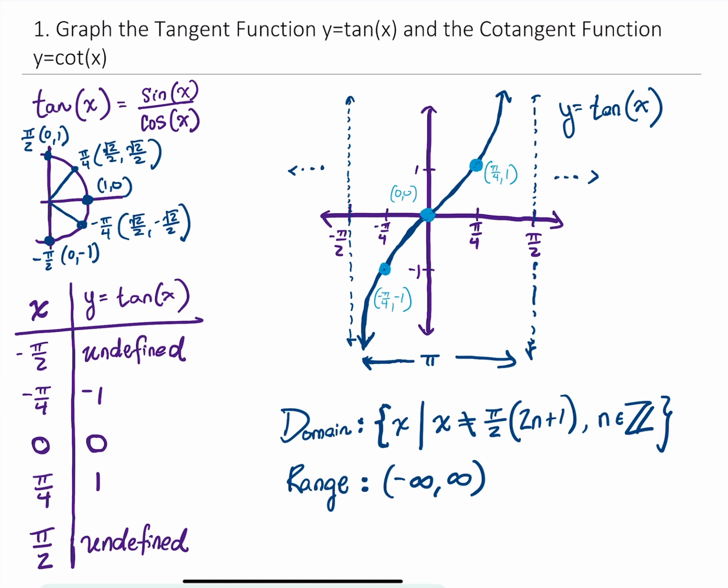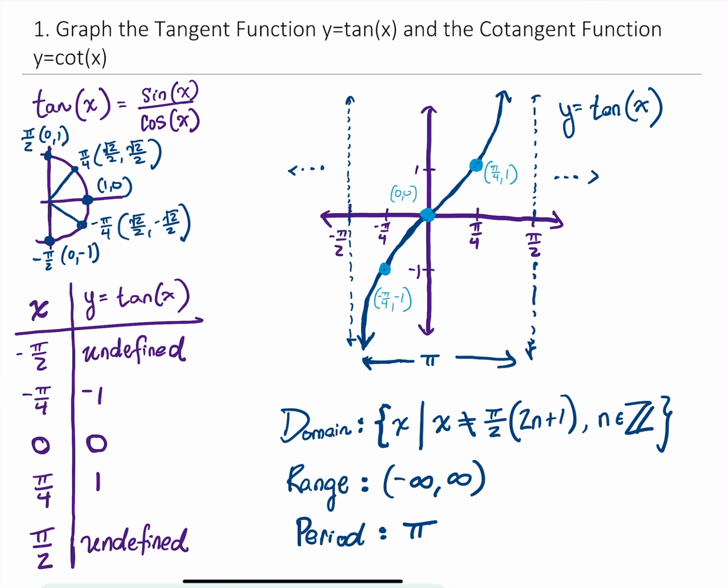And then we can describe the period as being a distance of pi. This will repeat itself every distance of pi, so we'll see another copy to the right and to the left.